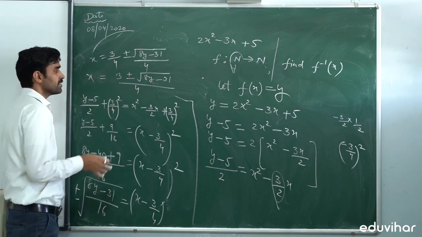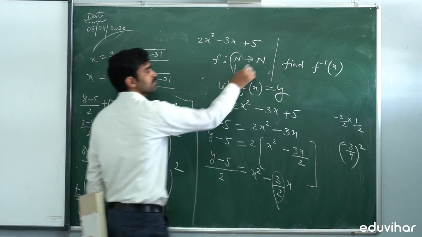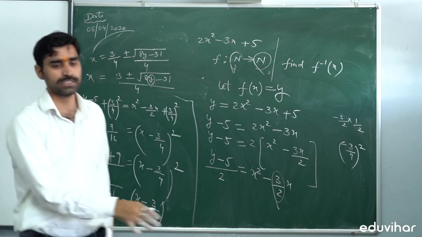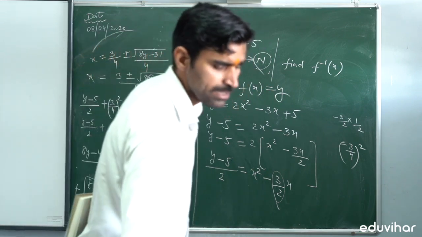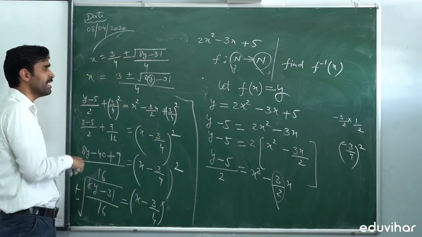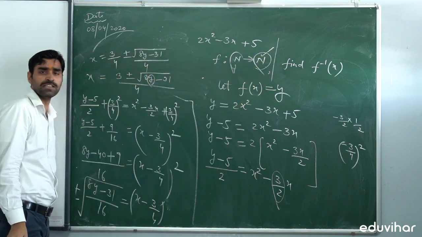Here y belongs to the natural number, that is the codomain. In case of onto function, we have to check that all of the codomain have their pre-images in domain. So here codomain is the set of natural numbers.